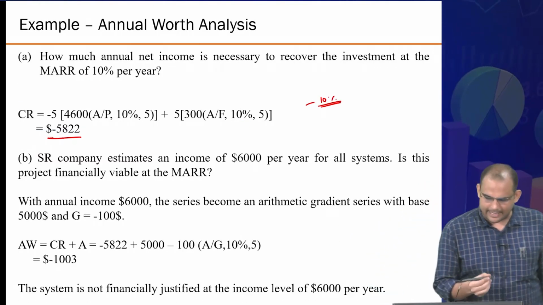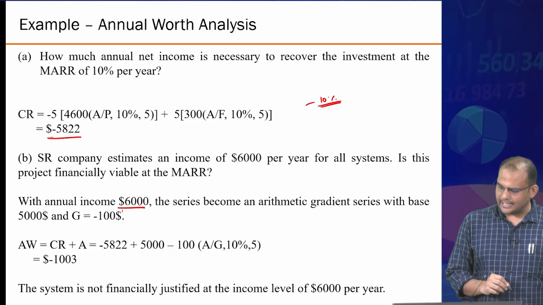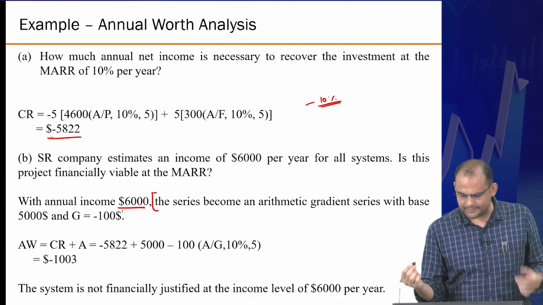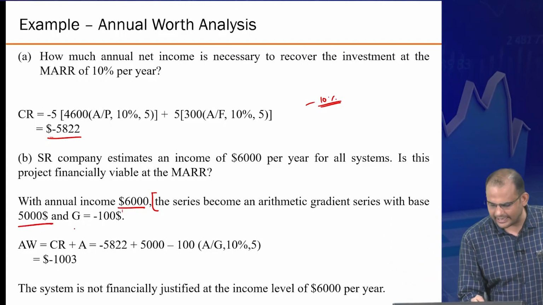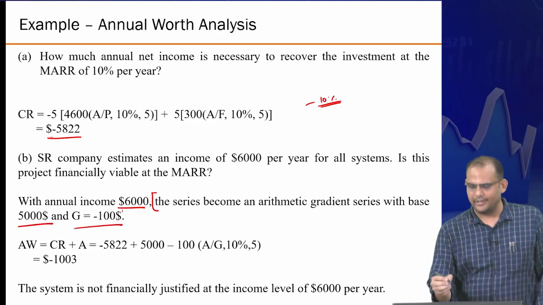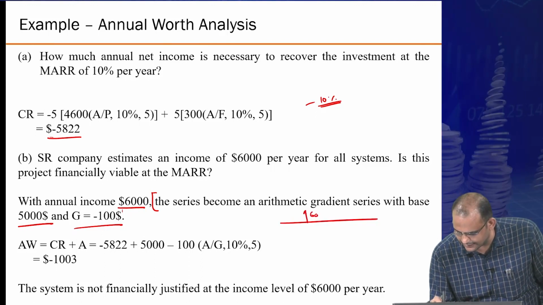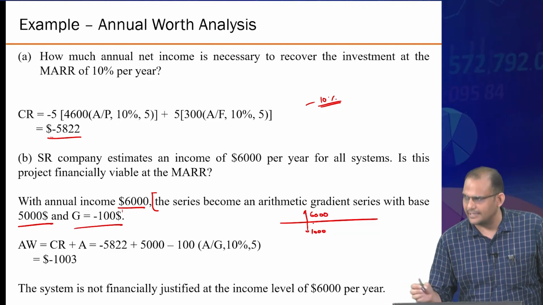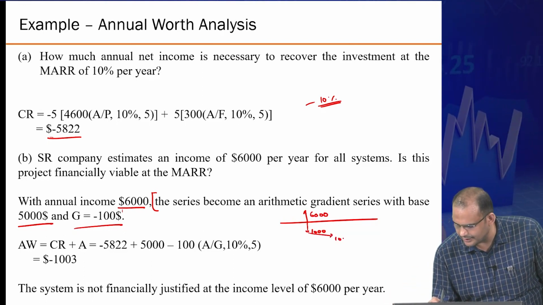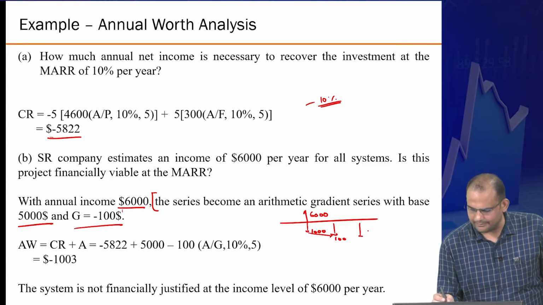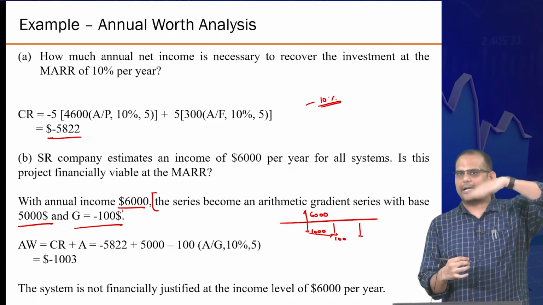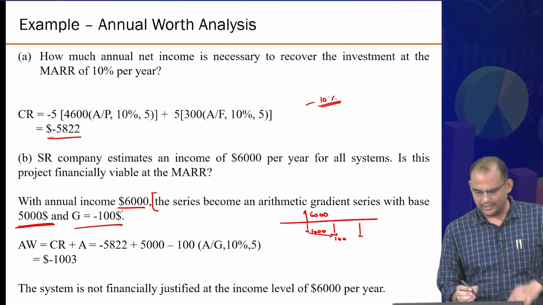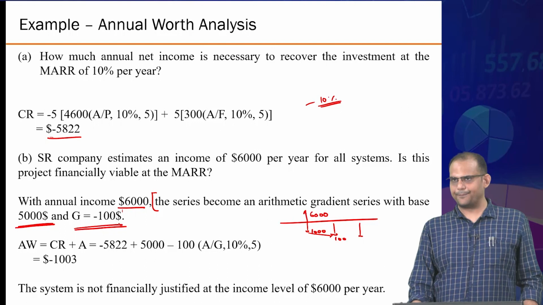So now what's happening? With an annual income of 6,000, the net income series becomes $5,000, with G equal to minus $100. I've already taken it into account: 6,000 is your income, 1,000 is your base maintenance cost, which is increasing by $100 per year, right? So instead of taking A separately, my first base becomes $5,000 and the G becomes minus $100.